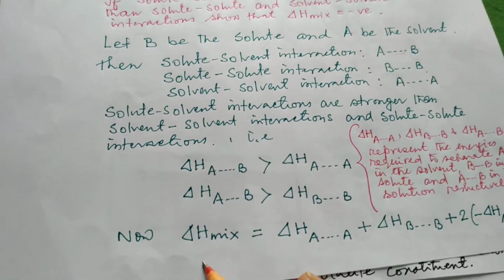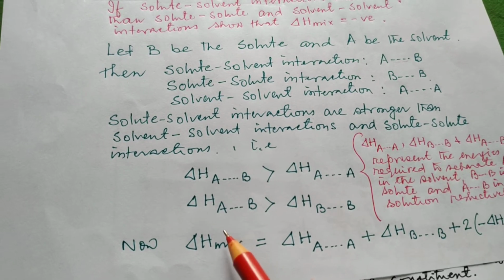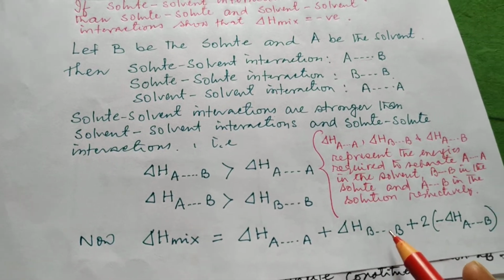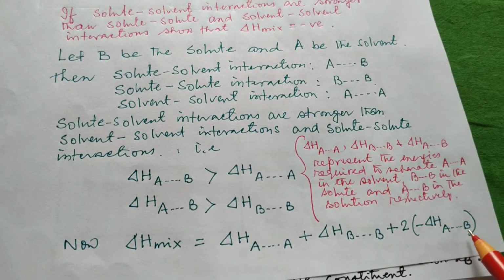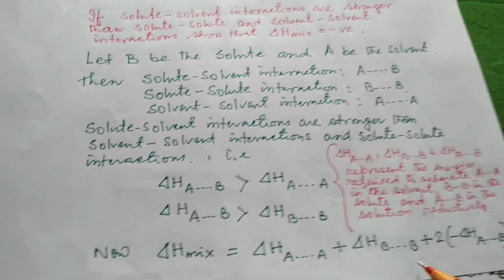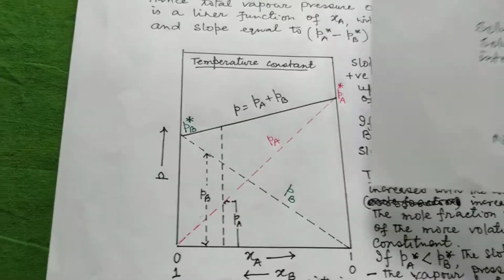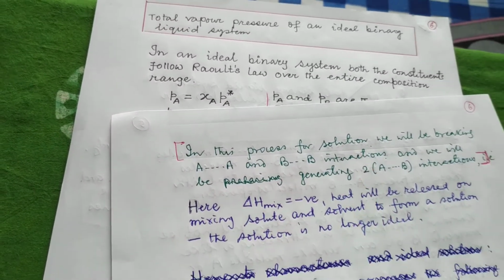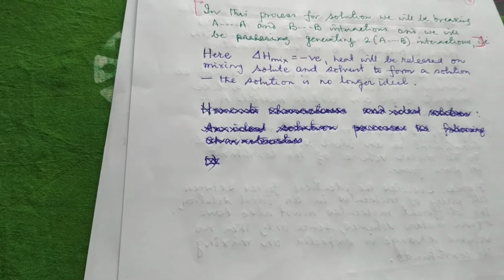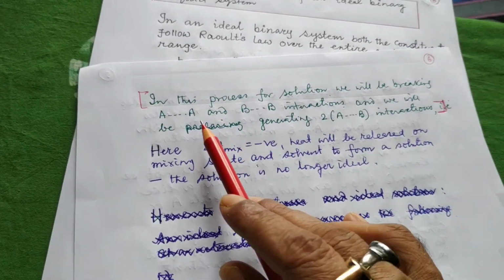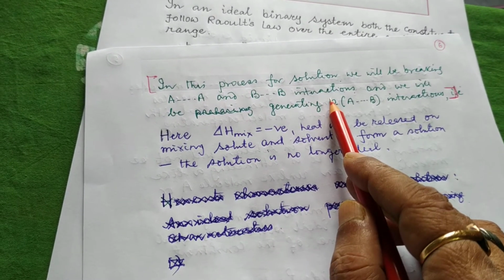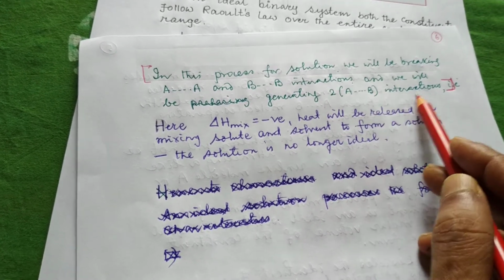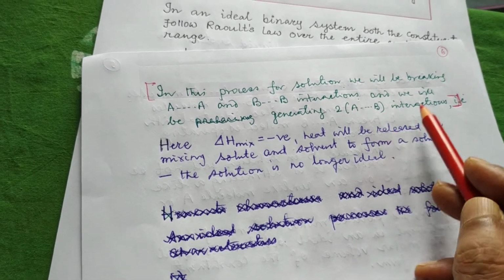Now what is delta H mix? So delta H mix will be equal to delta HAA plus delta HBB plus 2 times minus delta HAB. Why is this so? Because in the process of solution, we will be breaking AA and BB interactions, and we will be generating two AB interactions.